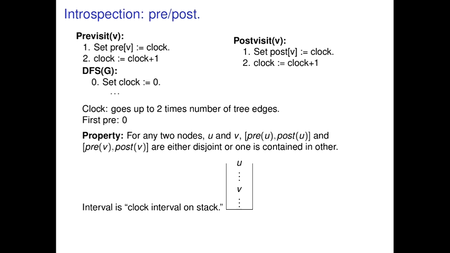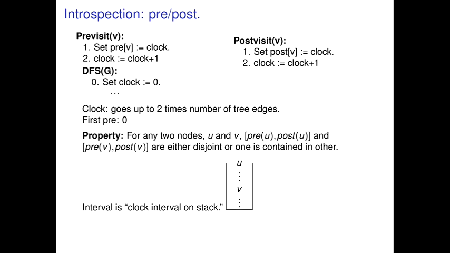So in this picture, this node is put on after this one, so its pre is after this guy's pre. Moreover, this guy has to be taken off before this guy's post. So U's post will be before V's post, which means this guy's interval will be contained in this guy's interval.